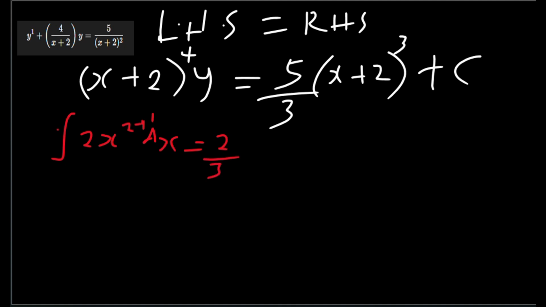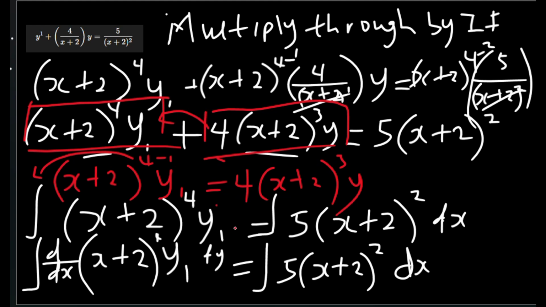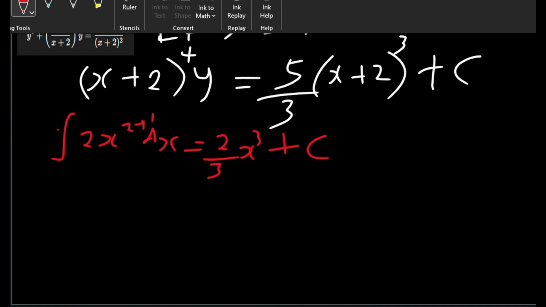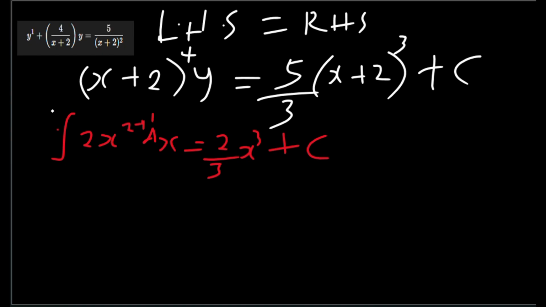So 2/3 multiplied by x to the power 3 plus your constant of integration. So that is the same thing we applied to the right hand side of the equation. So it became 5/(2 + 1), which is 5/3, and then we added 1 to the power 2, so it became (x + 2) to the power 3. Now we have our constant of integration. Yes, I think you are with me now. You were lost. Alright. Yeah, so let's move on.